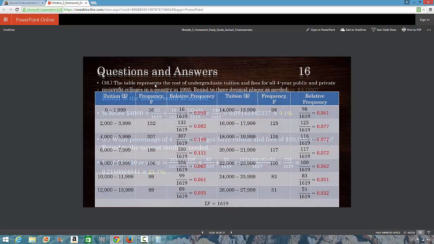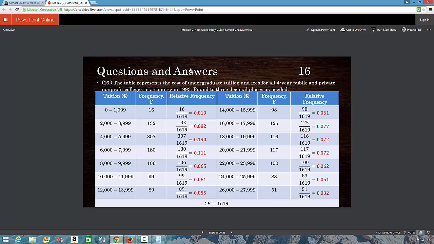Because you've rounded. When you are doing this, don't round. Let's start from the beginning. The table represents the cost of undergraduate tuition and fees for all four-year public and private non-profit colleges in a country in 1993. Round to 3 decimal places as needed.